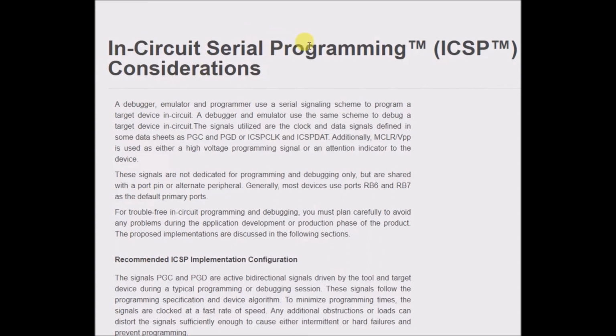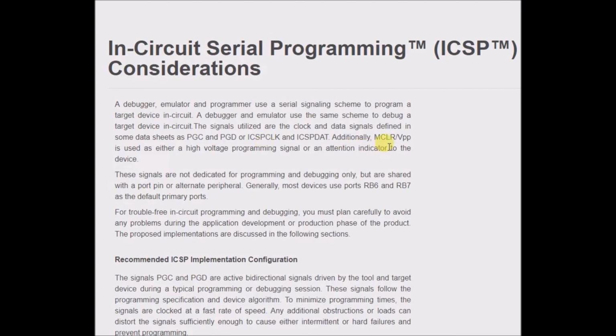In-circuit serial programming considerations. A debugger, emulator, and programmer use a serial signaling scheme to program a target device in circuit. A debugger and emulator use the same scheme to debug a target device in circuit. The signals utilized are the clock and data signals defined in some data sheets as PGC and PGD, or ICSPCLK and ICSPDAT.